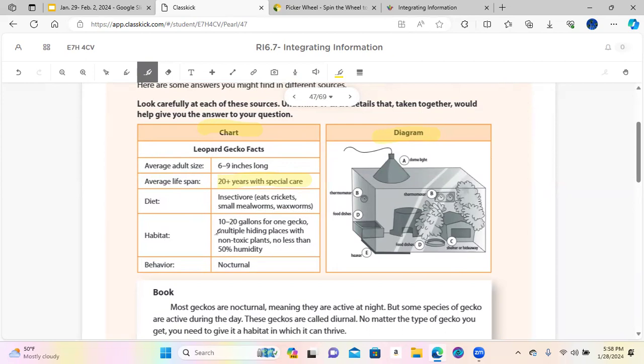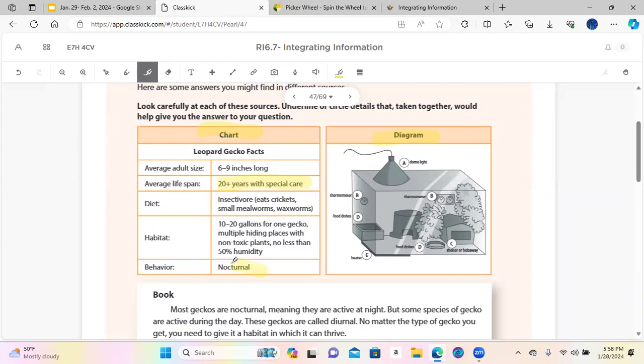Their habitat, 10 to 20 gallons for one gecko, multiple hiding places with non-toxic plants, no less than 50% humidity. And their behavior, nocturnal, okay? So this means that they sleep during the day and they are mostly active at night, right? So think about these facts. Would you be able to care for this pet?